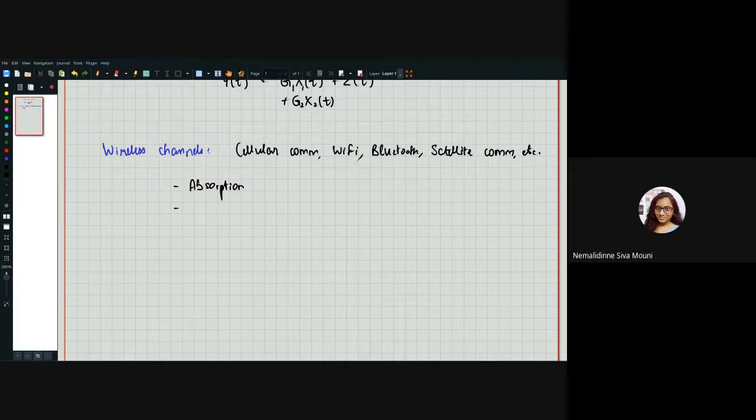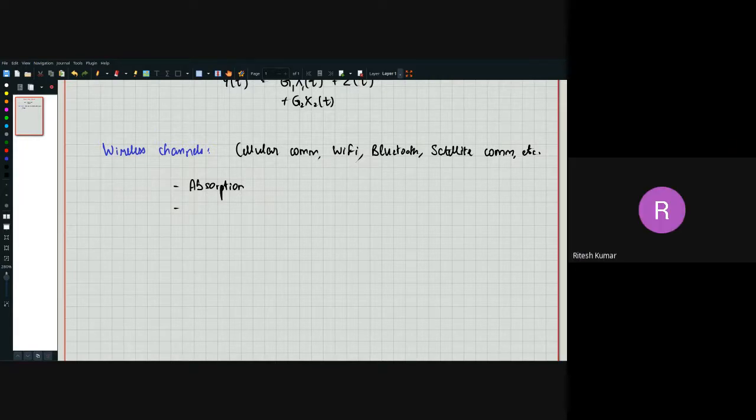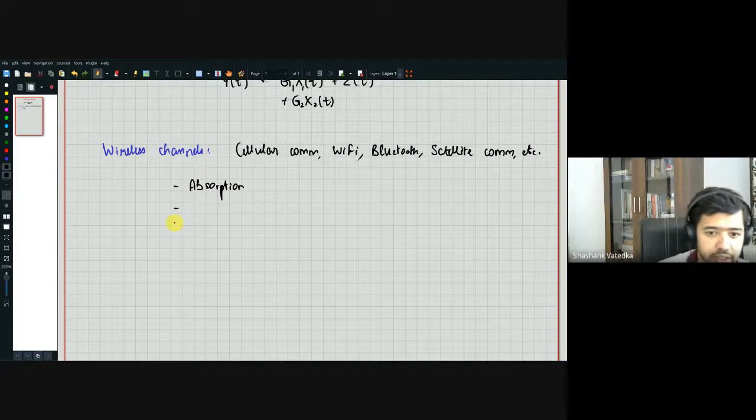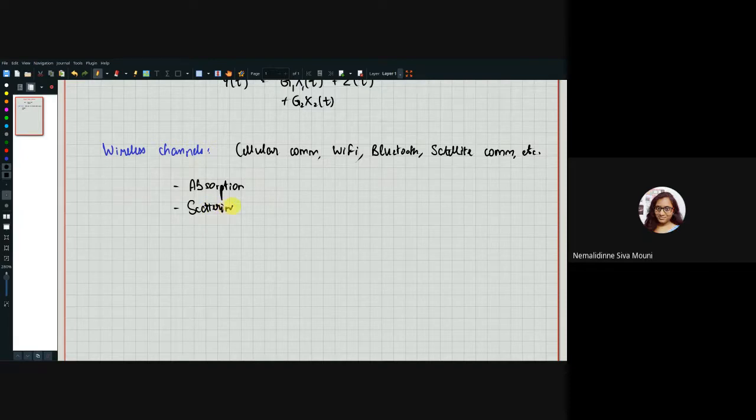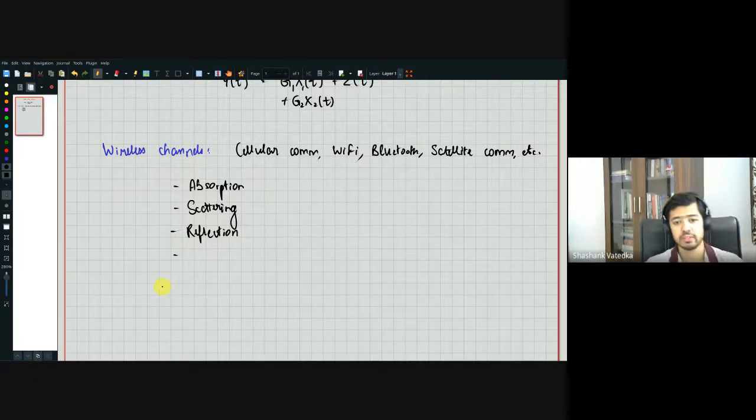So what other kinds of imperfections do you see in wireless channels other than absorption? Right? What happens? Yes. So the scattering. Okay, so scattering. Reflection. Okay, good. You have reflection. What else?